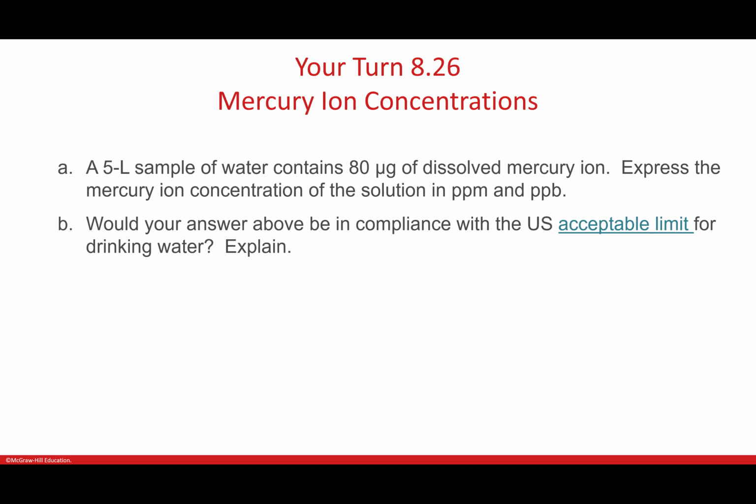So, do you have your calculator handy or phone handy? I'm doing 80 divided by 5, that's 16. So, micrograms per liter, and you're telling me, and I agree, micrograms per liter are the same thing as parts per billion.